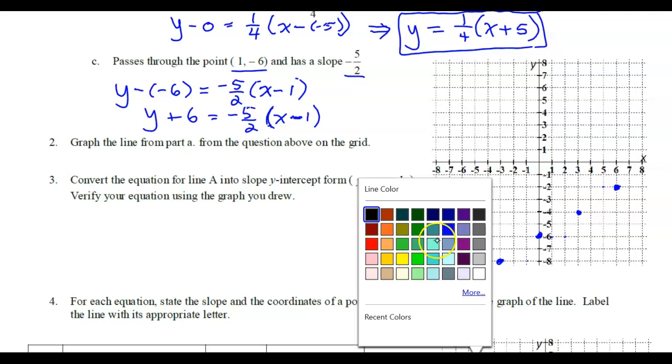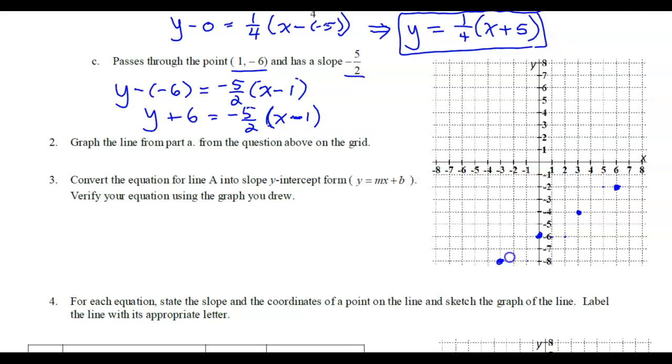I'll do blue. Okay, and put arrows on the end. So the test that you just wrote, I wasn't picky about having arrows on the lines for that test. For this test, I will be picky. Okay, so straight line, so get a ruler, a straight edge, invest in one for the rest of your math career, and then put arrows on the end.